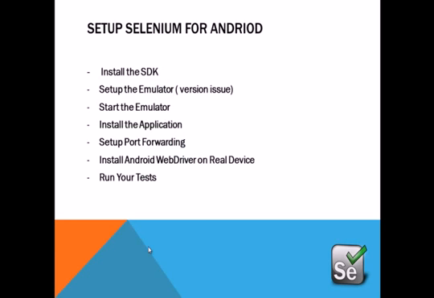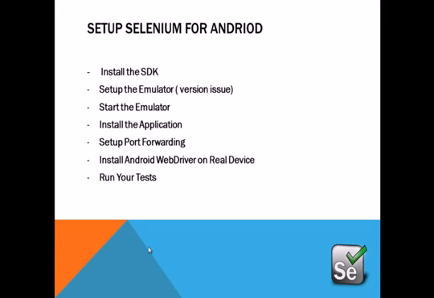Let's talk about how we set up Selenium for Android. First you have to get the SDK, then install the emulator. There's a version problem currently. Currently 2.2 is the most suitable one for the emulator, but if you want to go with the device directly, it's okay if you go with 3.2.